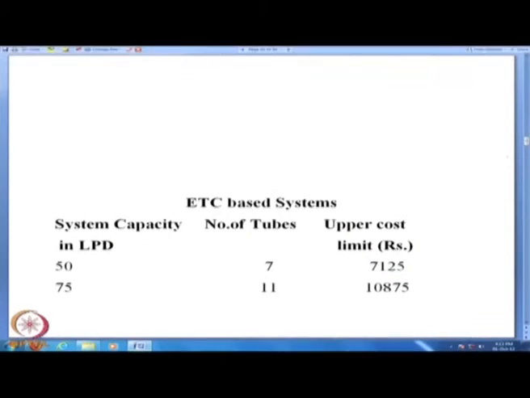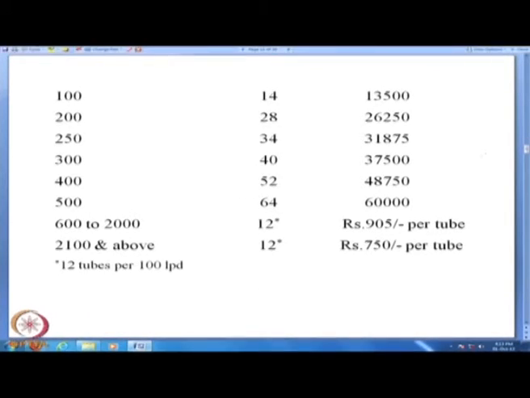The number of tubes required is 7, and the cost they have specified is 7,125, and that keeps on decreasing per liter basis as you go up. For example, it comes to 750 per tube if you have about 2,100 liters and above.